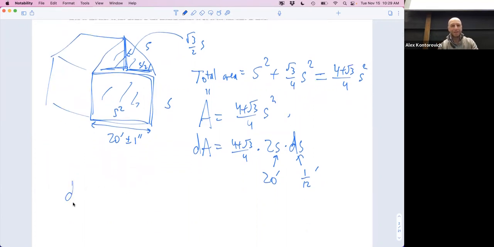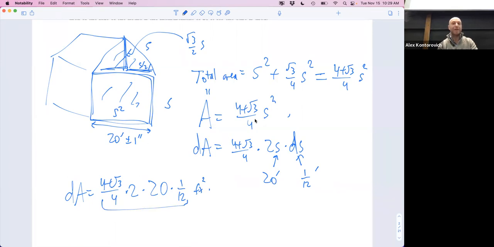So dA is very simple. It's just this constant, 4 plus root 3 over 4, times 2, whatever. Don't bother simplifying unless it says simplify. Times 20 feet times 1/12, and this is feet squared. So this is the error in our approximation.